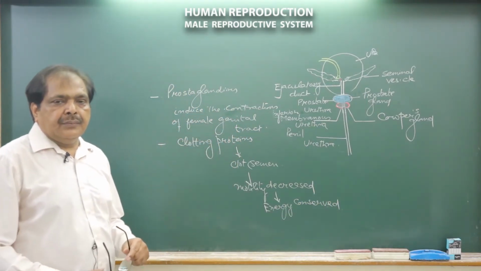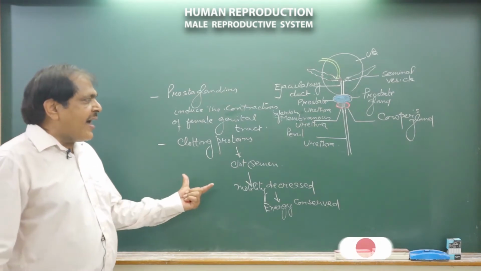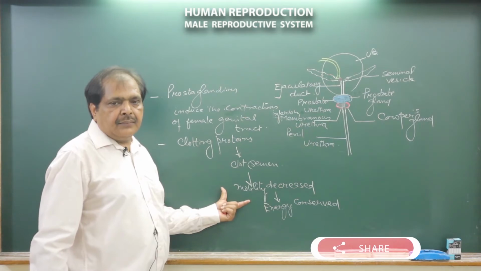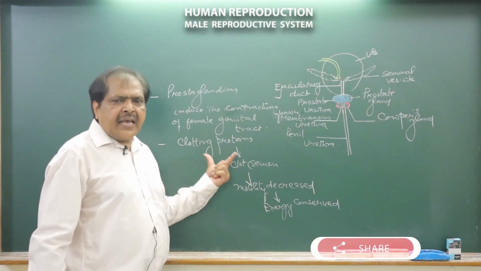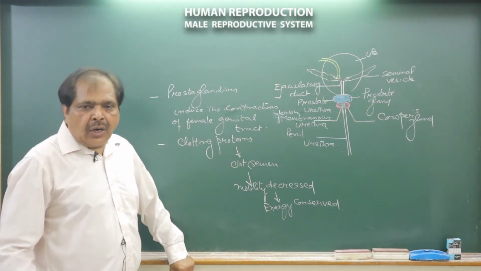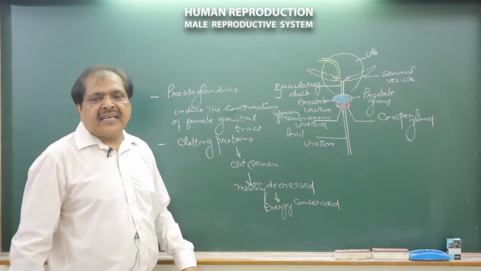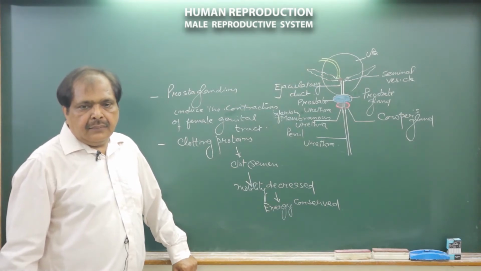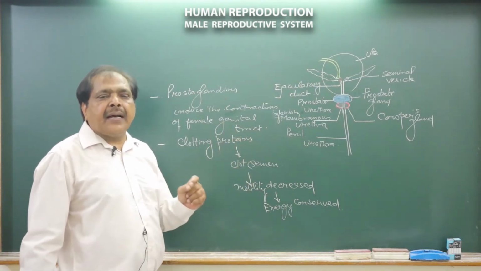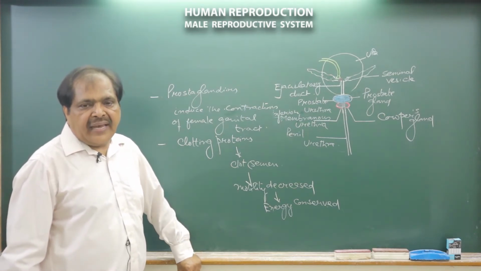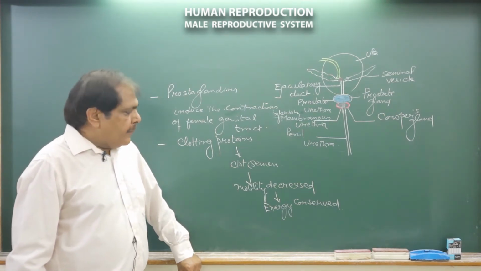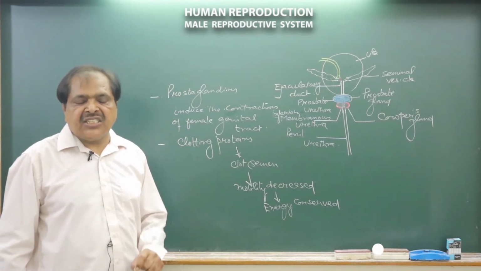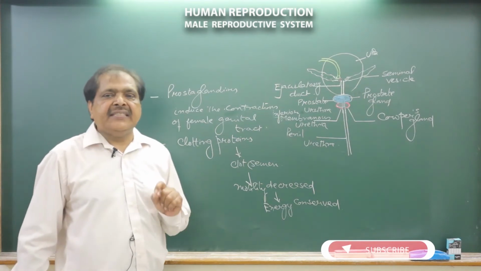Because I told you, till the vas deferens, there is no motility of the sperms on their own. A lot of fluid from the seminiferous tubules is secreted, and in the epididymis they become a little bit motile, and then here they become 100% motile, energetic, only in the female genital tract.